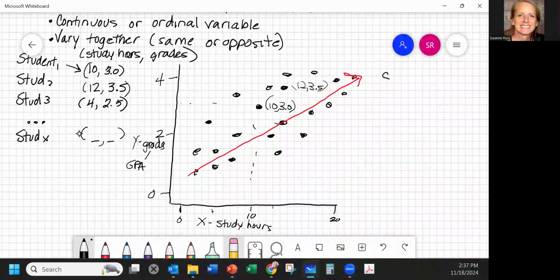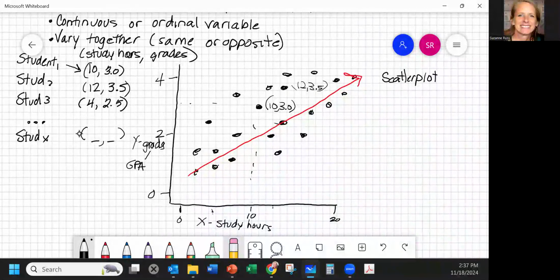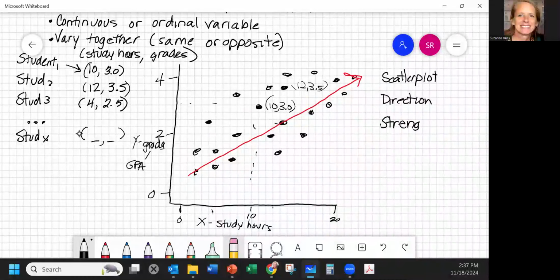So first off, we have here a scatter plot. The scatter plot can show the direction and strength of the distribution. We'll look more at the strength in a moment. We already looked at the direction in that red arrow.